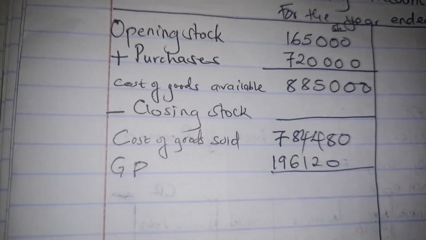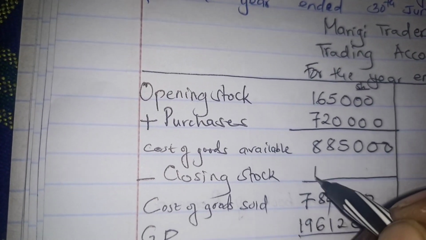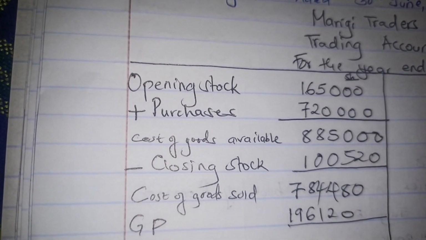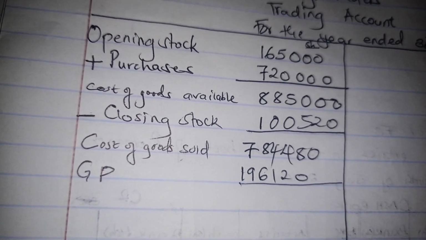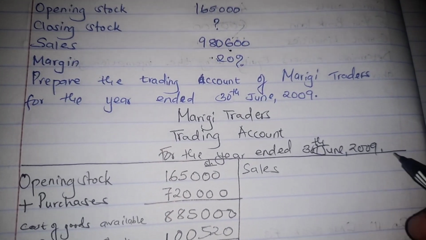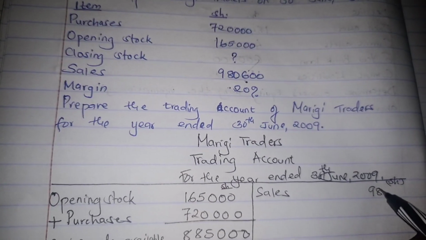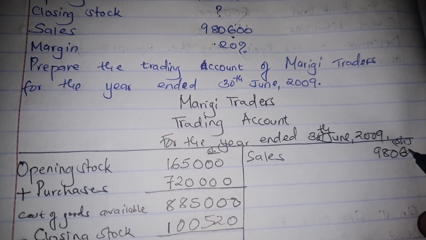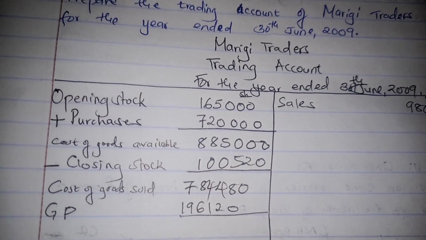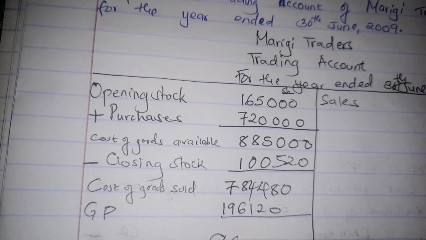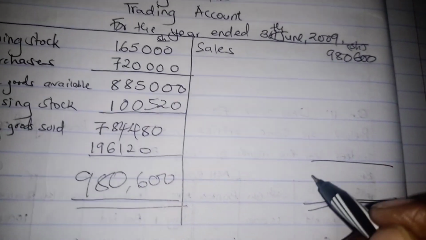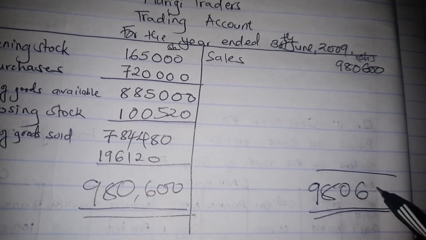Therefore, 100,520 is our closing stock. Then we put the sales figure here, which was given as 980,600, and that's it. 980,600 is also our balancing figure.